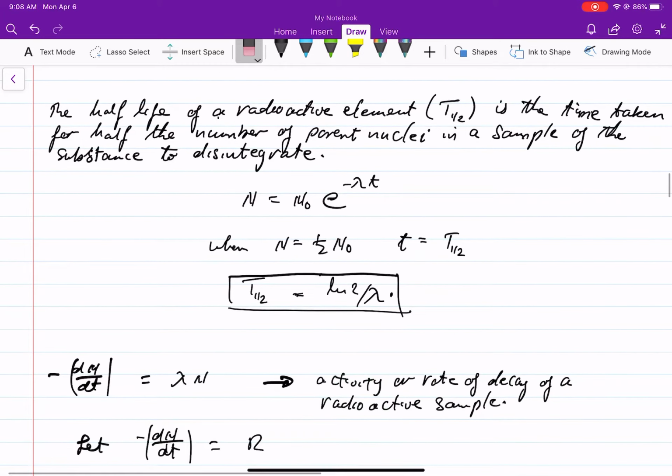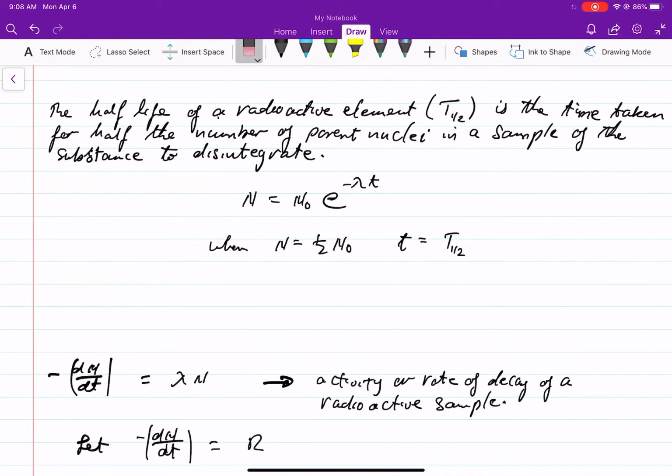If I plug that information into this equation here, I will get a half n0 is equal to n0 times e to the minus lambda times t half.